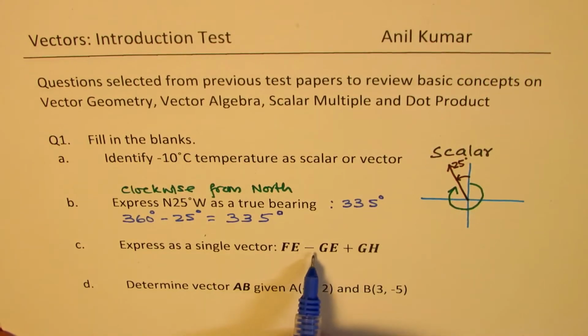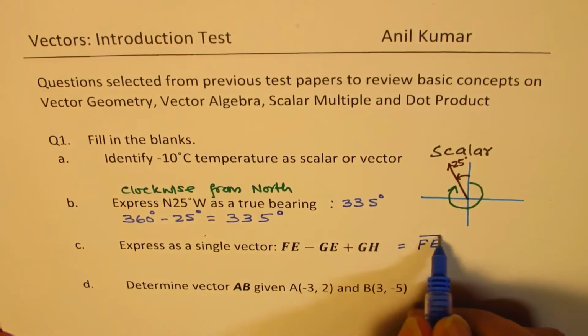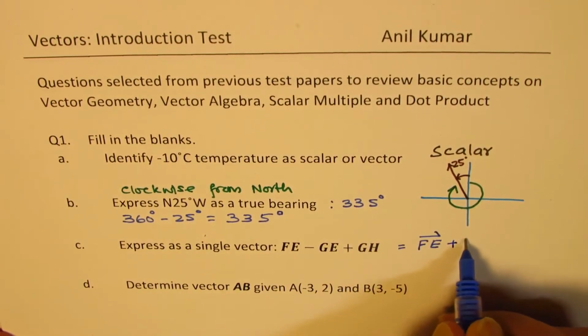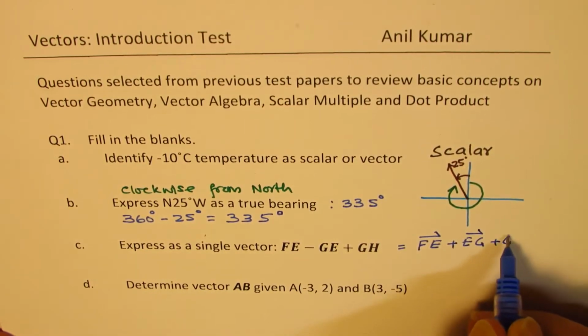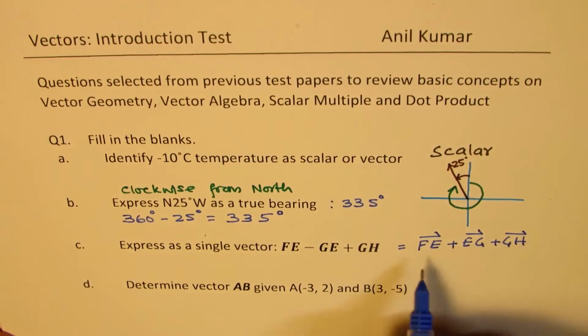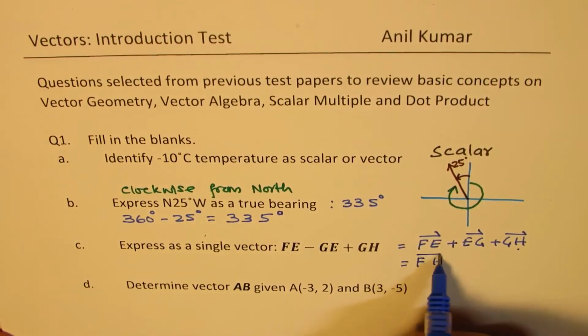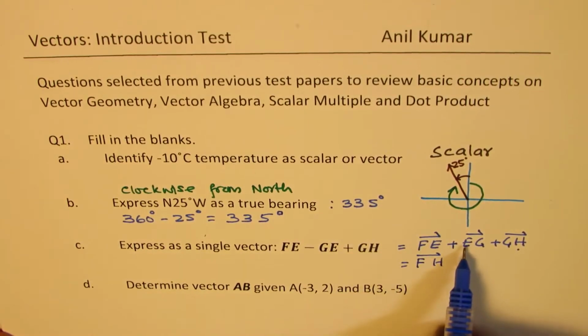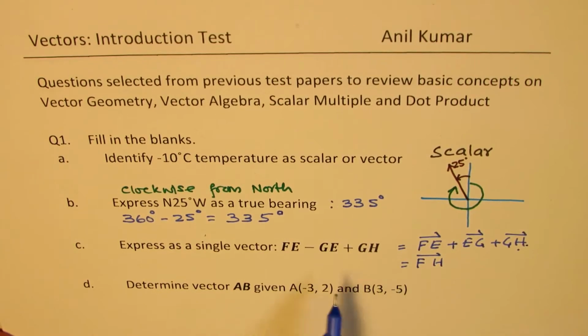Now minus GE could be written as plus EG, so I could write this as F to E, right, this vector, plus E to G, plus G to H. So clearly we are moving from F to H, correct? F to E, E to G, G to H. So that is how easily you can solve such questions.